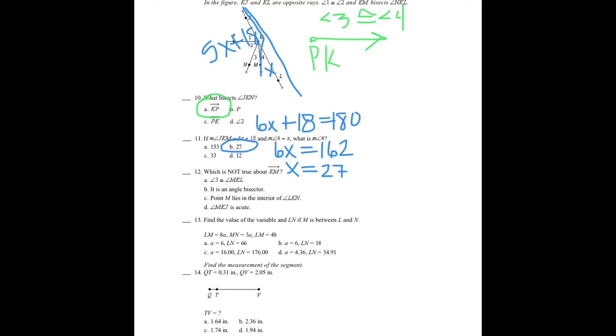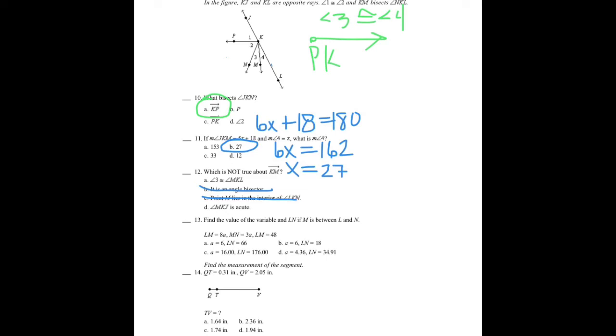All right, what is not true about ray KM? Let me erase what I have here so I can see where ray KM is. Okay, it says that what is not true? So it is an angle bisector. Well, that is true. Point M lies in the interior of angle LKN. That is true.